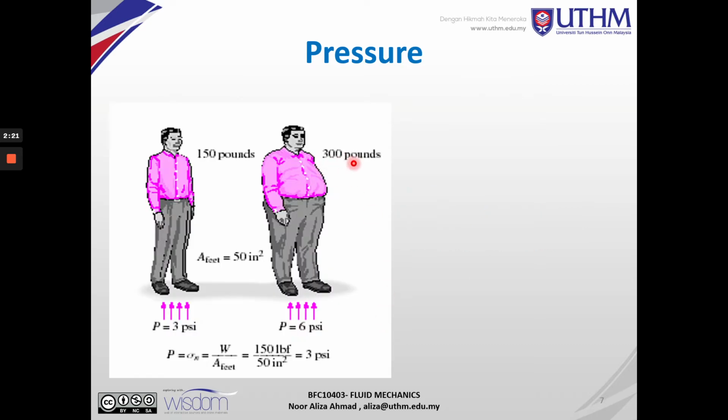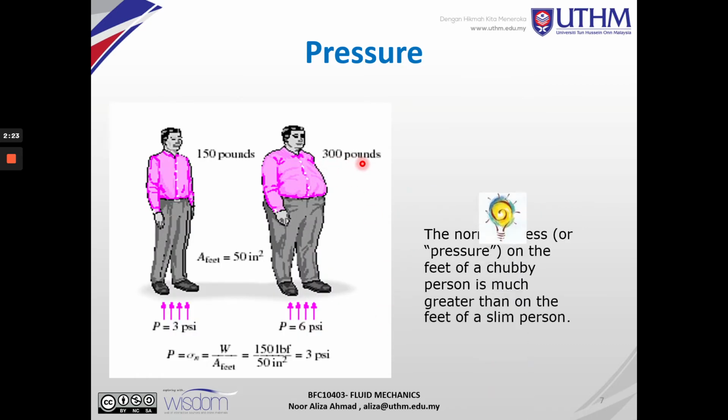Consider the pressure between two people, weighing 150 pounds and 300 pounds. The equation for pressure is W divided by area, where W is the weight of the person. The area is the same for both.